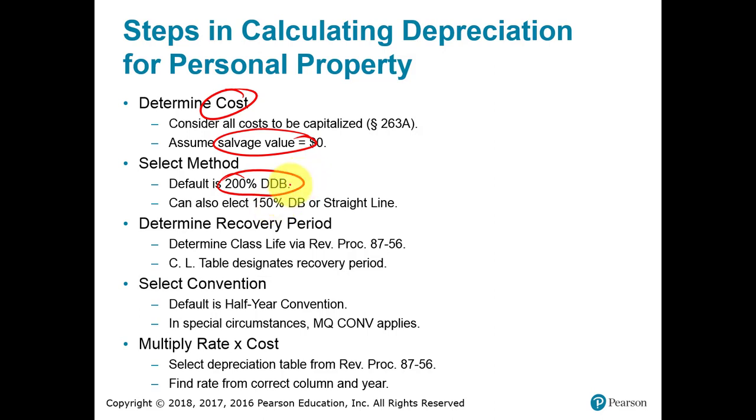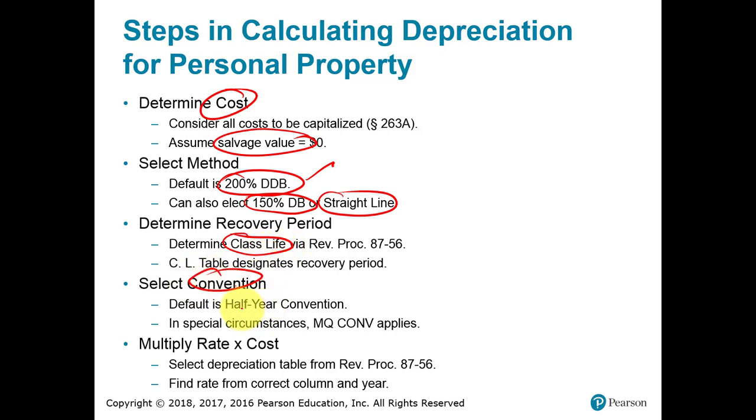You could elect to depreciate slower using 150% declining balance or straight line, and I believe there are rate tables to do this also, but this is the default. We've seen class lives, remember that 3, 5, 7, and so forth. You have to fall under one, and for each class life, we'll see a column in the depreciation table.